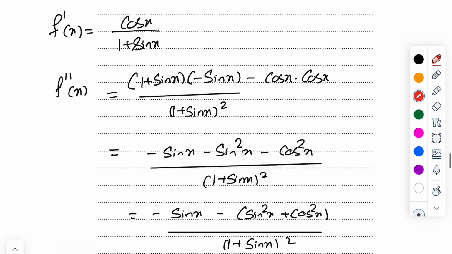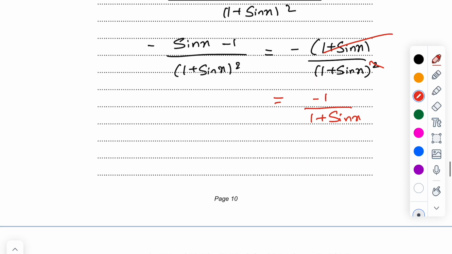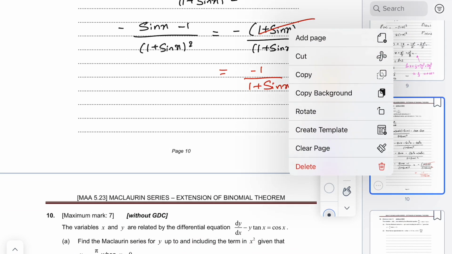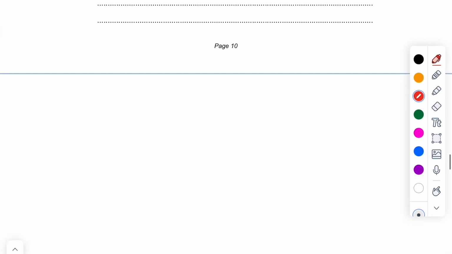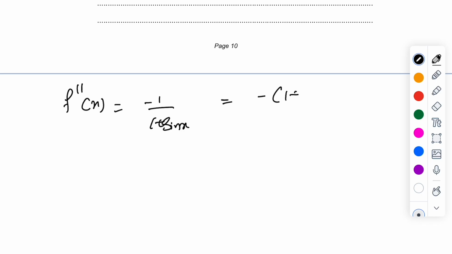Next, find the third and the fourth derivative. So we got the second derivative. What was the second derivative? Just now we got the second derivative as negative 1 upon (1 + sin x), which is negative of (1 + sin x) to the power of negative 1. So what will be the third derivative now?